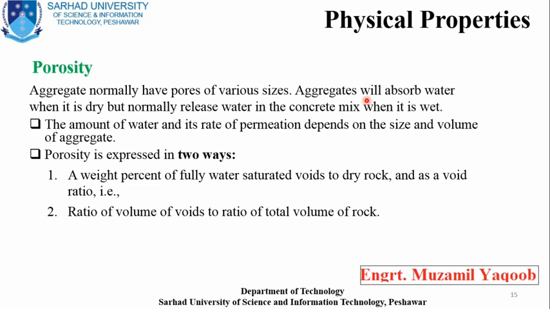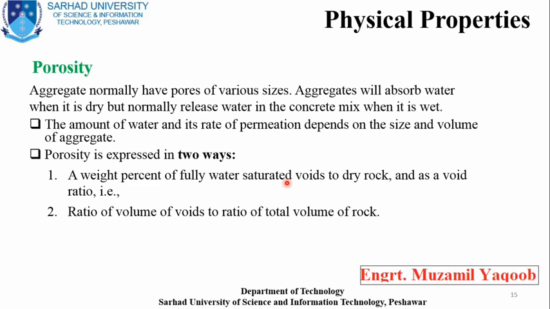Basically, we have two ways to find the porosity of aggregate. The first one is the weight percent of fully water saturated voids. For example, you take a 100-gram sample of aggregate.